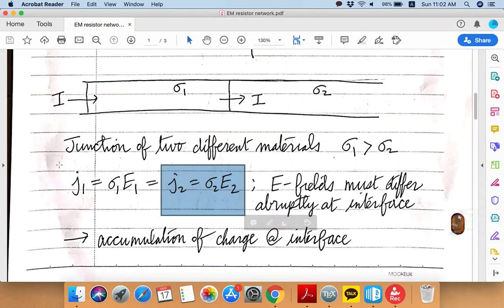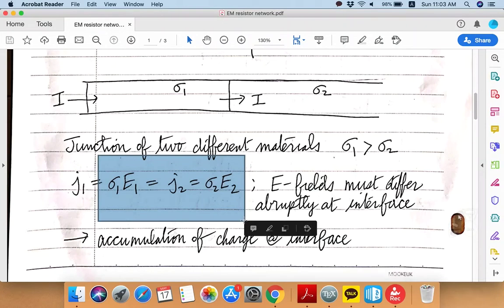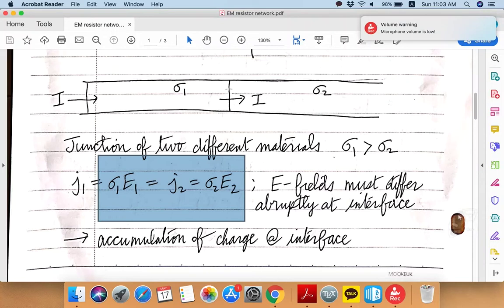But J1 and J2 must be the same because of current conservation. Now, to satisfy the current conservation, what you have to admit is that the electric field on one side, namely E1, and the electric field on the other side, namely E2, cannot be the same. They must differ, and they must differ abruptly as you cross the interface.